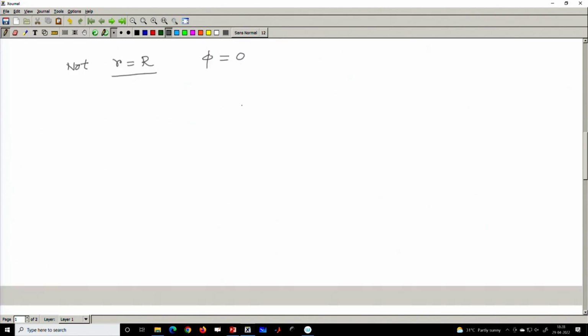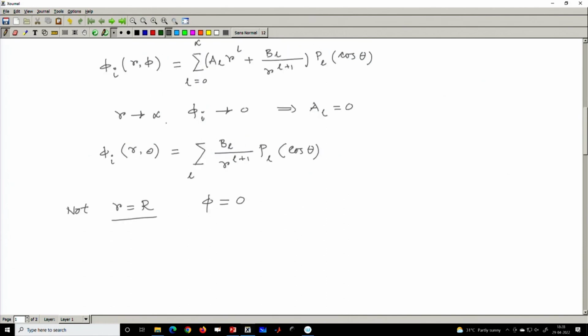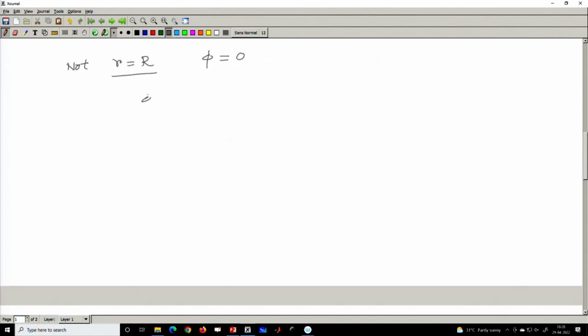So phi 0 plus phi I at r equal to R is 0, because this plus this is my total phi.